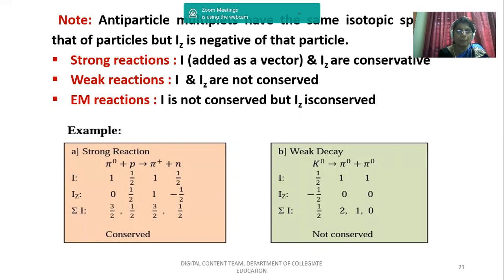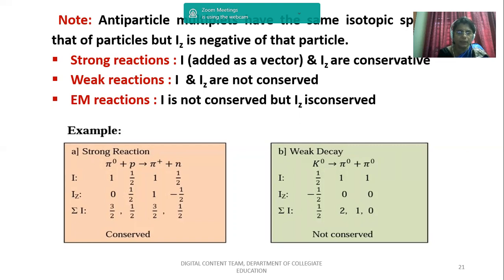When I consider the summation of I for the reactants, pi naught and proton, it is 1 plus half, so 3 by 2. Similarly, on the product side, it is 1 plus half, which is 3 by 2.